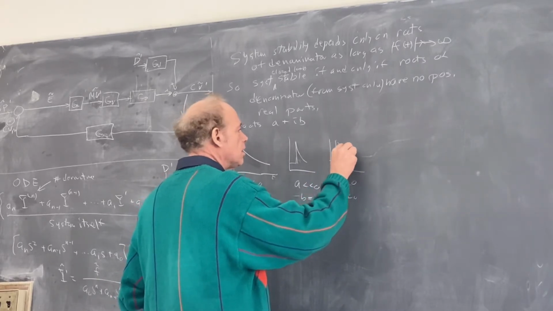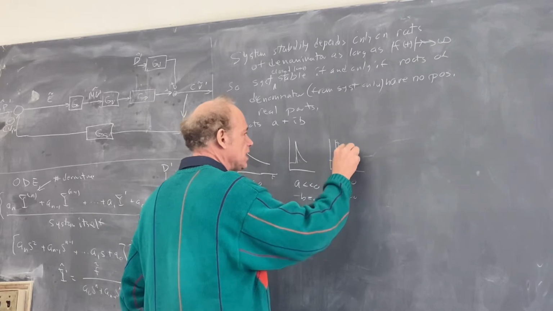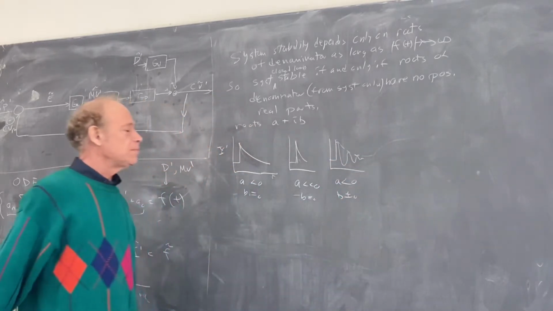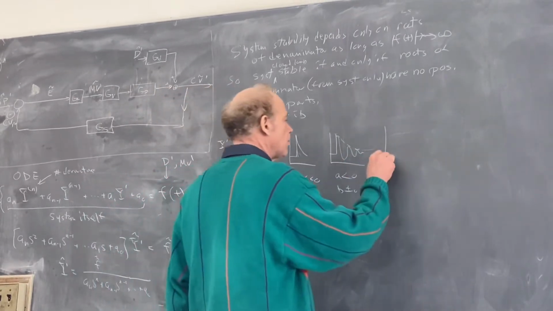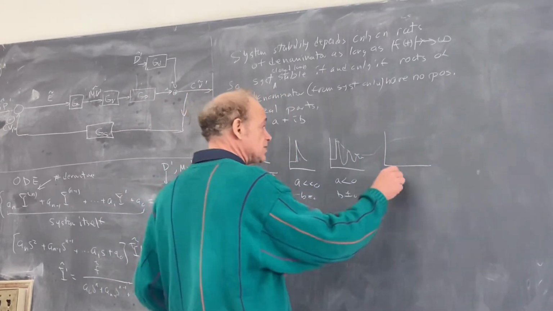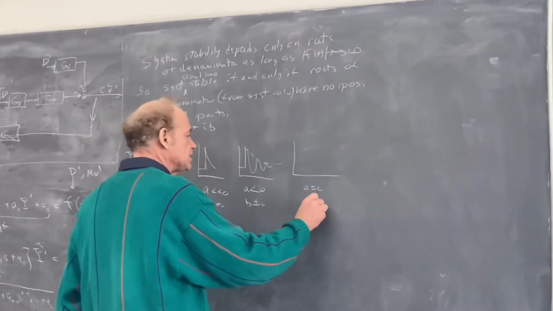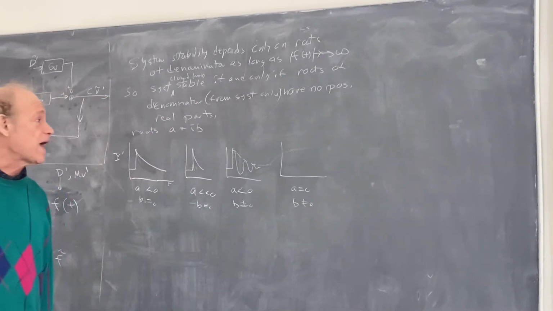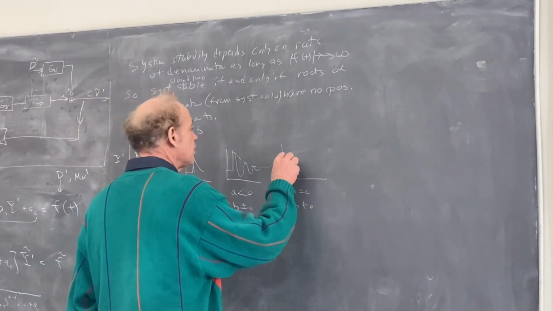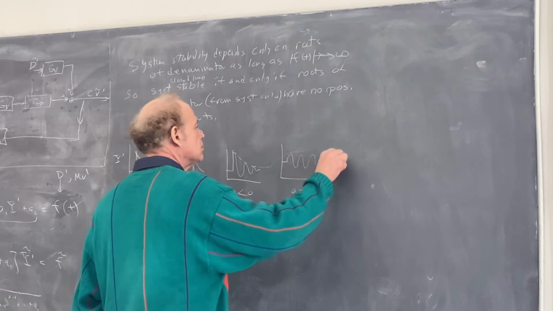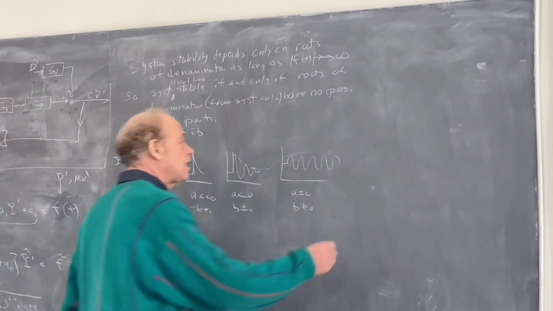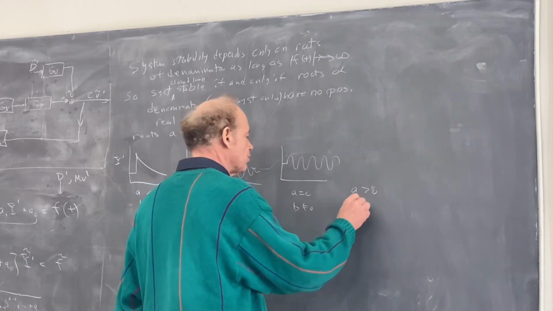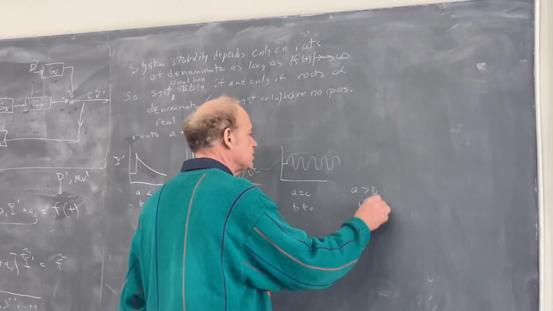Then it can oscillate, because b is not 0, so there's an imaginary part. What happens if a is 0 and b is not 0? Then it just oscillates and doesn't decay. And what if a is greater than 0 and b equals 0?